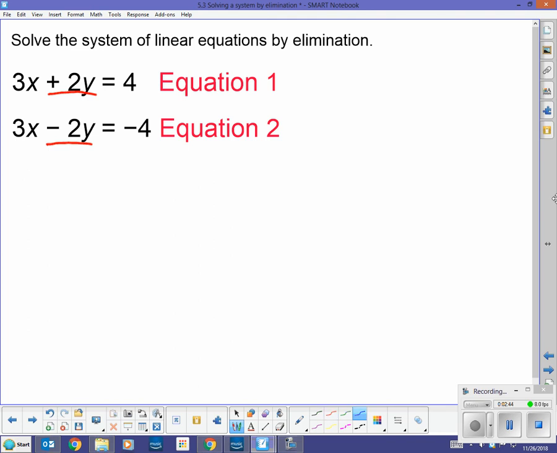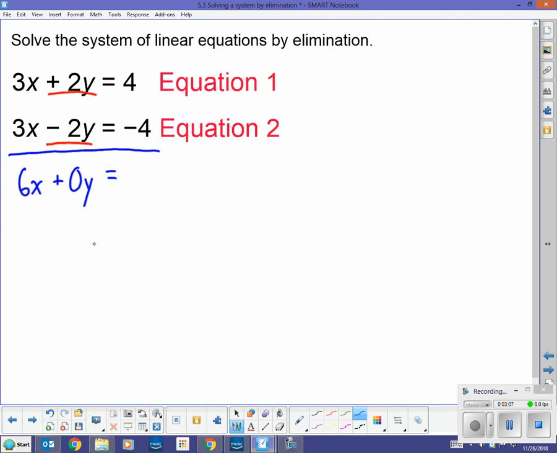So let's go ahead and add together the two equations here. 3x plus 3x equals 6x. 2y and negative 2y equals 0y. Now I'm going to write the 0y here, but eventually we're just going to not include that variable at all.